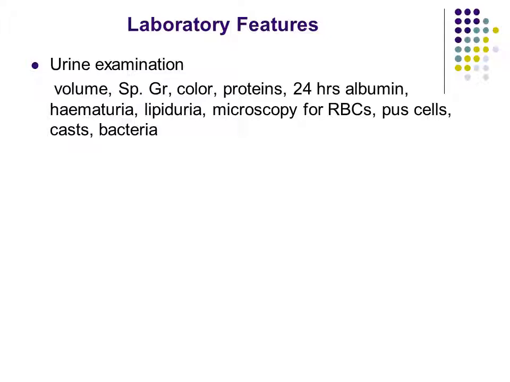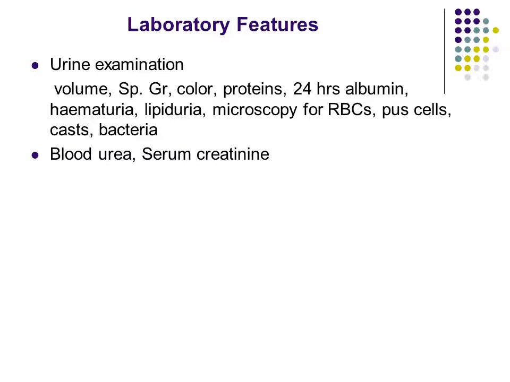Proteinuria will depend on the etiology. Heavy proteinuria with selective proteinuria is seen with nephrotic syndrome. Yes, then you can also see 24 hours albumin, which is a criteria in nephrotic syndrome, hematuria, lipiduria. Then microscopically you will see presence of RBCs, pus cells, casts, and bacteria. What are casts?